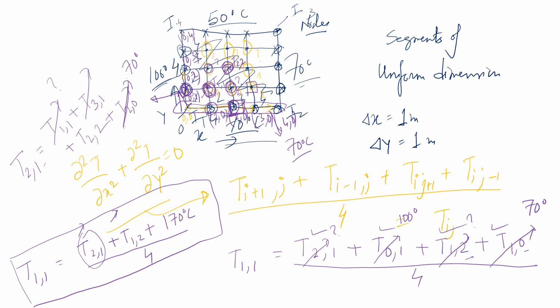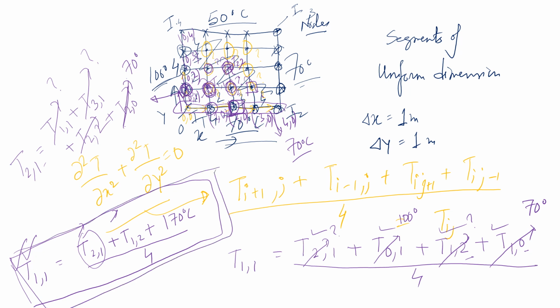We do not know what is T31. We do not know what is T22. That means we do not know this point, this point, this point. Although T11 in the earlier step we have calculated to be this one, this part.